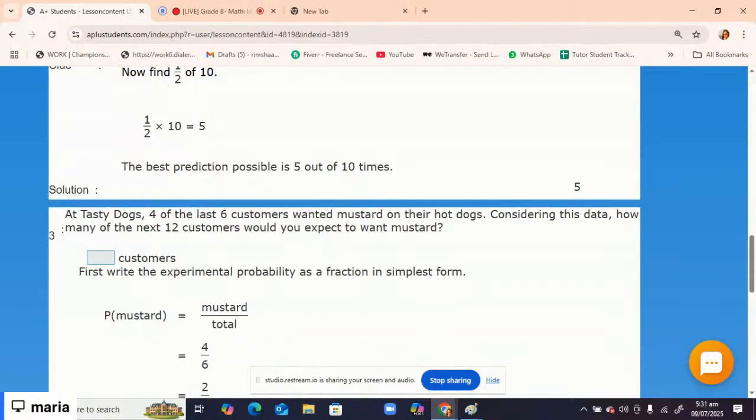So at Tasty Dog, 4 of the last 6 customers wanted mustard on their hot dogs. Considering this data, how many of the next 12 customers would you expect to want mustard? So we are going to find out.